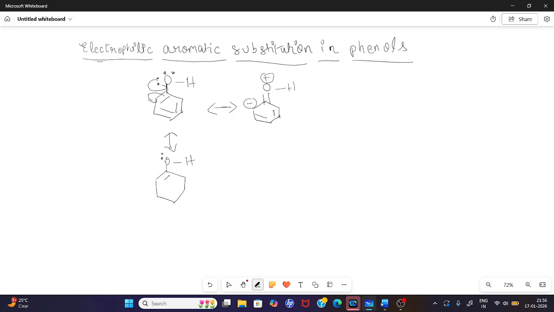Suppose this is the structure, this lone pair can go here, and instead of directly delocalizing at the ortho position, which is called the ortho position, this bond can shift here, and this bond can further shift here to the carbon at the fourth position. So the final structure would look something like this: positive charge on oxygen, and the conjugated structure formed like this.